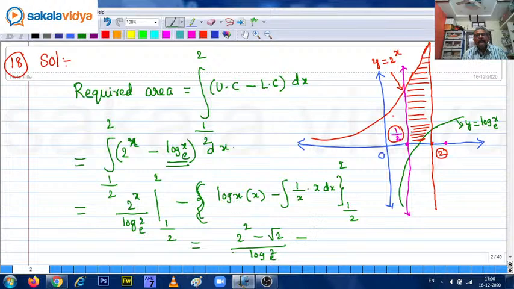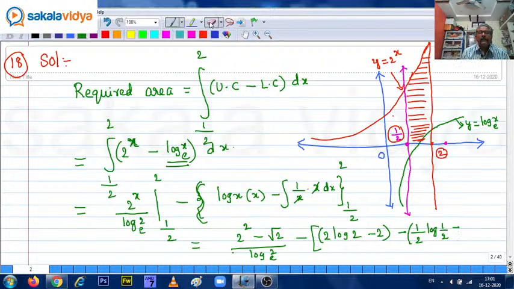Minus, here 2 log 2 for the upper limit, minus half log half, which is the lower limit, plus the integral of x, which is 2 minus half.